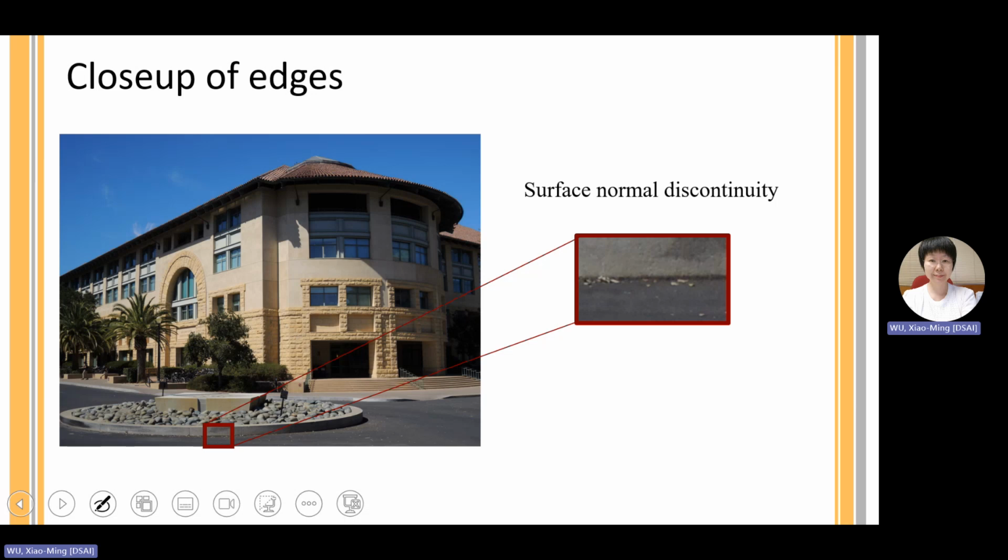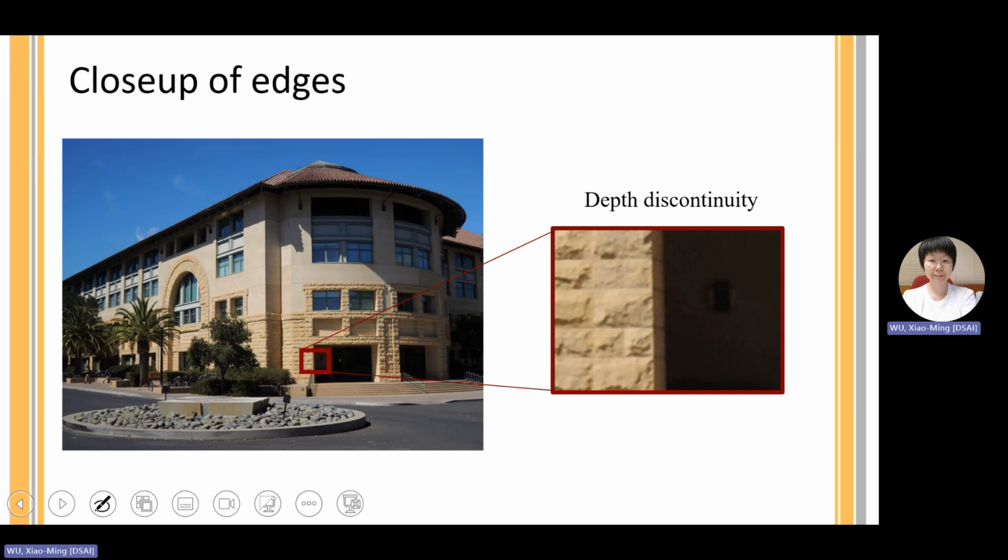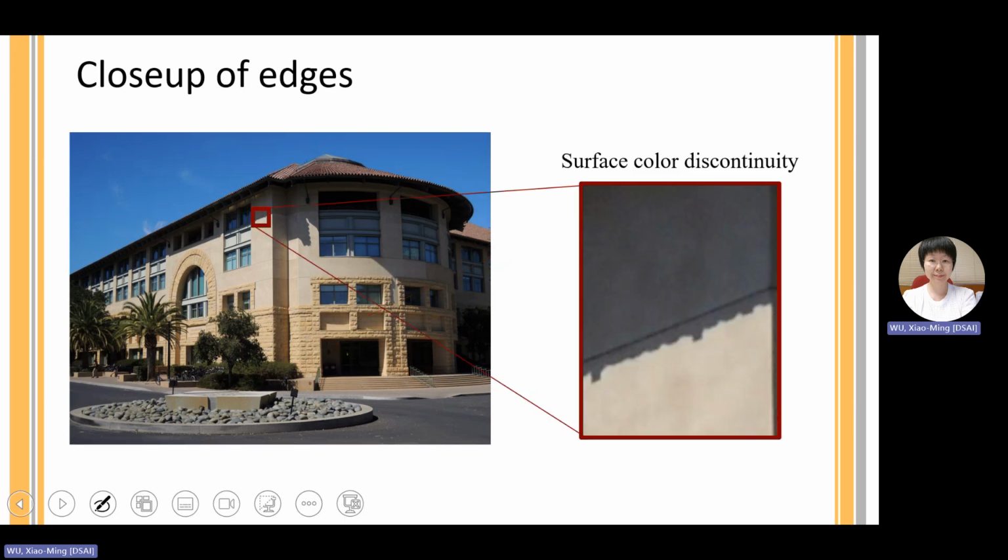And these few slides show how edges are created due to surface normal discontinuity, depth discontinuity, as well as color discontinuity. So as we explained, edges represent a significant change, and the significant change often occurs between the boundaries of regions, therefore discontinuity.